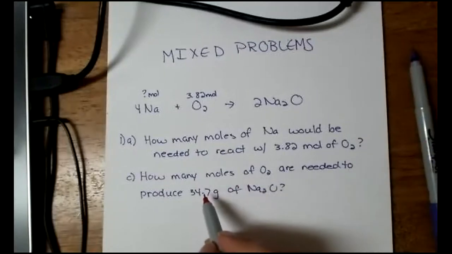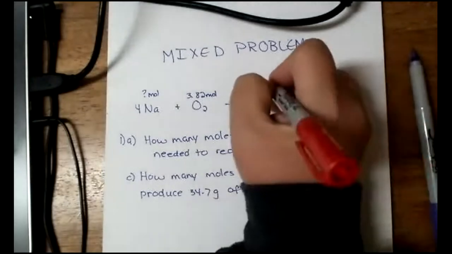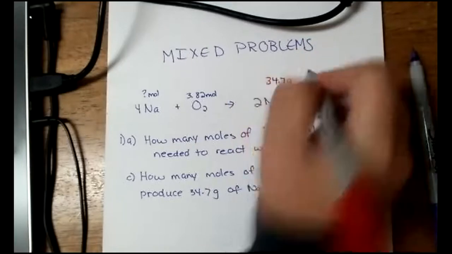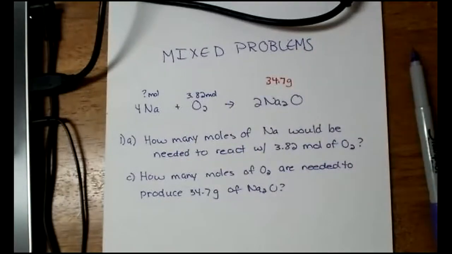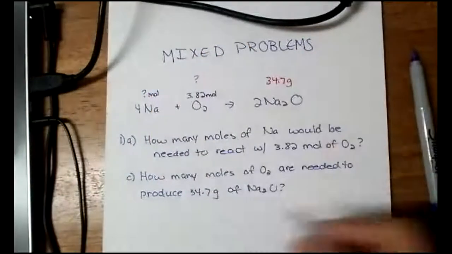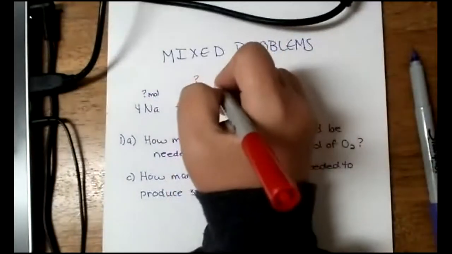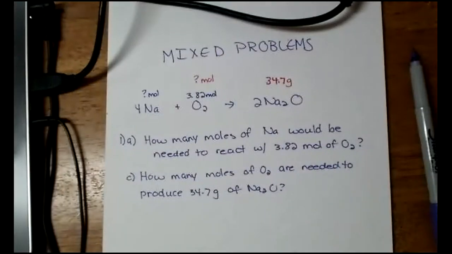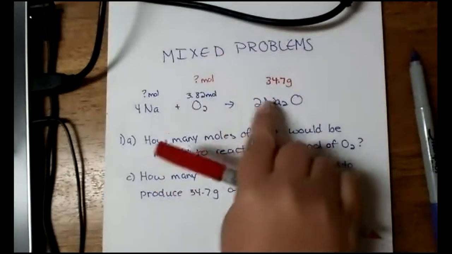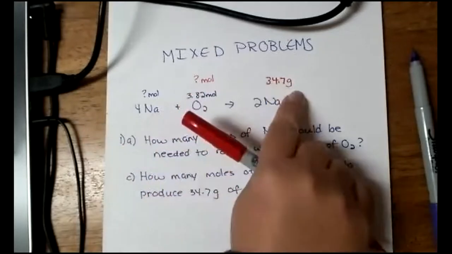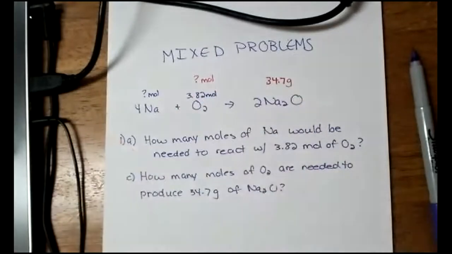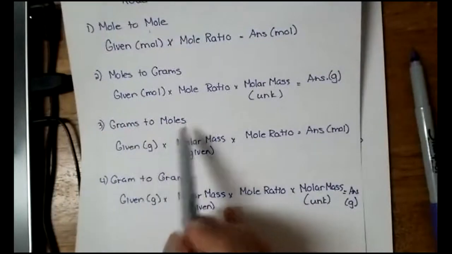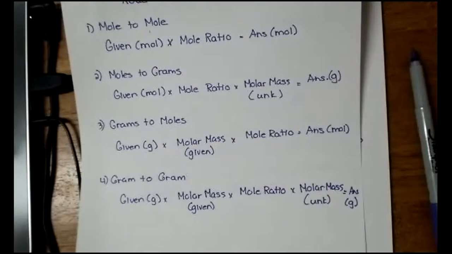So our given is 34.7 grams of sodium oxide, and they want to know how many moles of oxygen we're going to need. Okay, so by writing down my given and my unknown, I can say, I'm starting with grams and I'm going to moles, so I can go to my roadmap and say, oh, when my given is in grams and I go to moles, this is the roadmap that I'm going to follow.